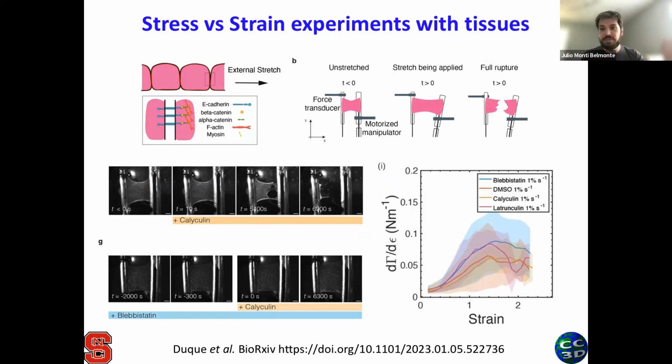This is very nice work by Guillaume Charles from the Francis Crick Institute in the UK, where he is culturing an epithelial tissue, gluing it onto forceps and then stretching it to measure the stress relationships between those cells as you stretch them. So is it linear? Is it super elastic, non-linear elastic? How does it look? So he has this kind of setup.